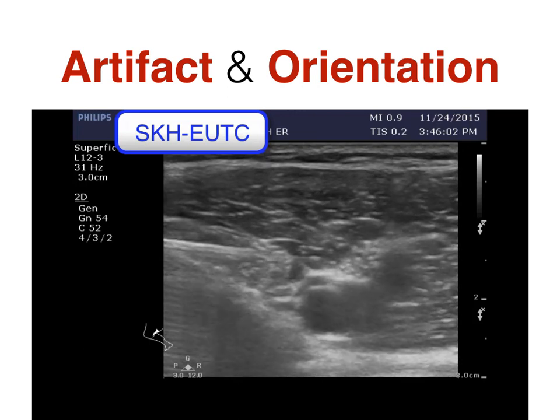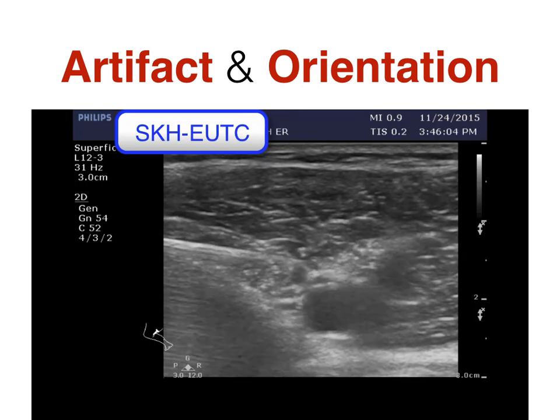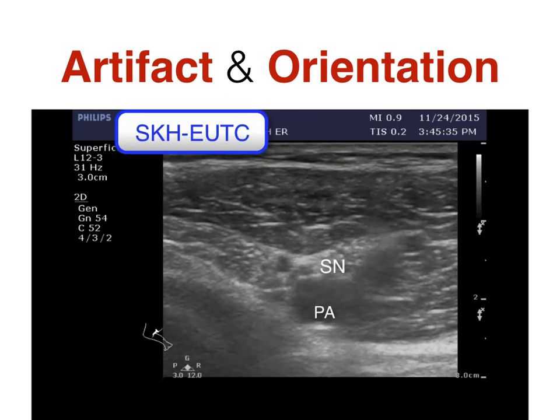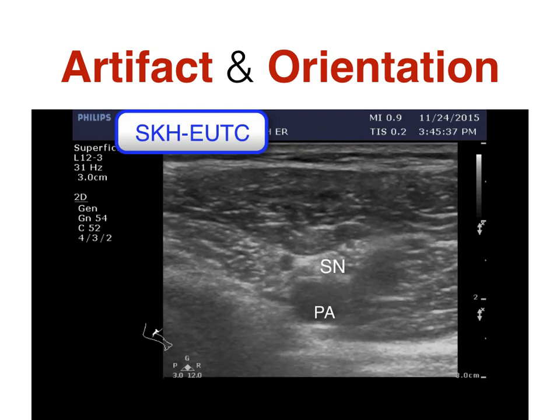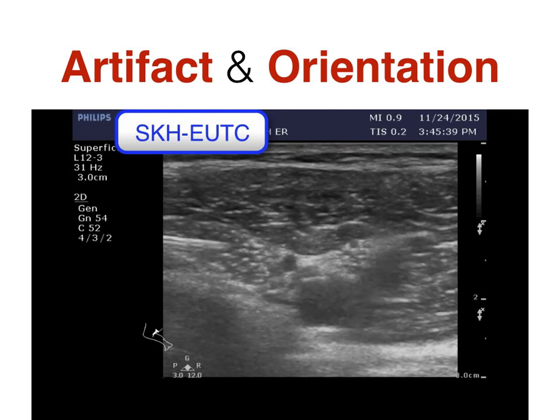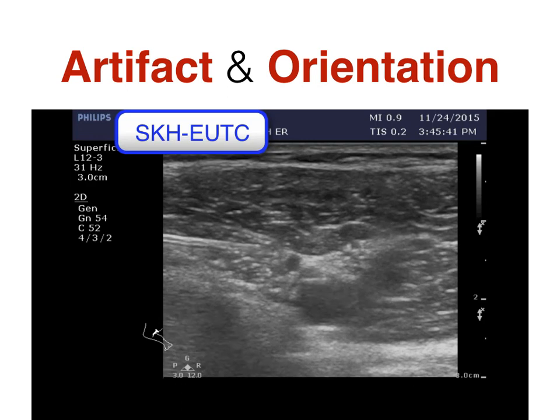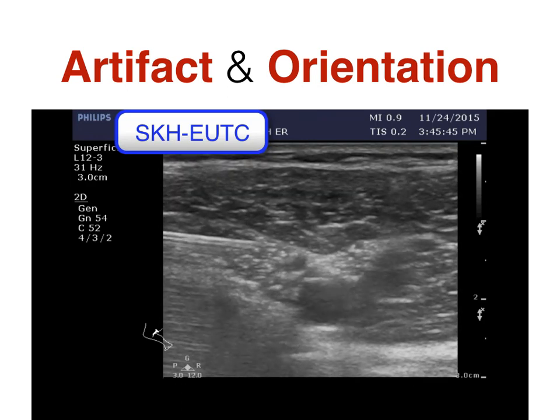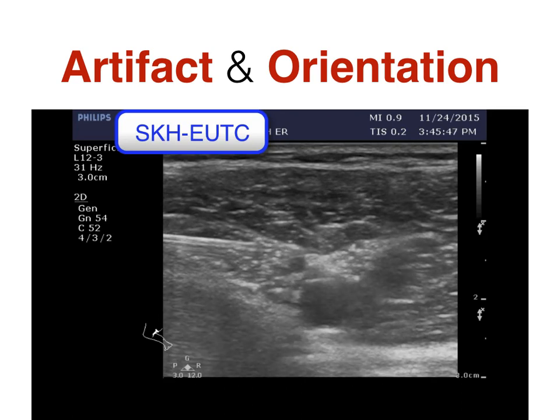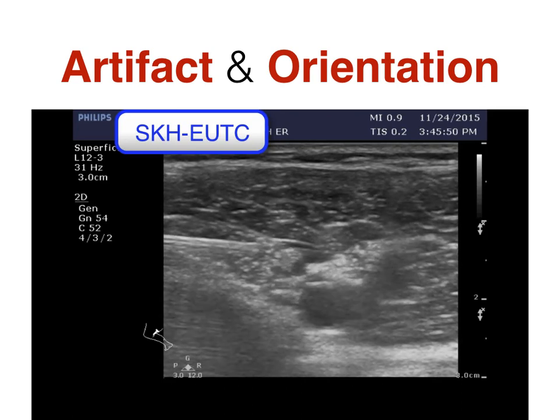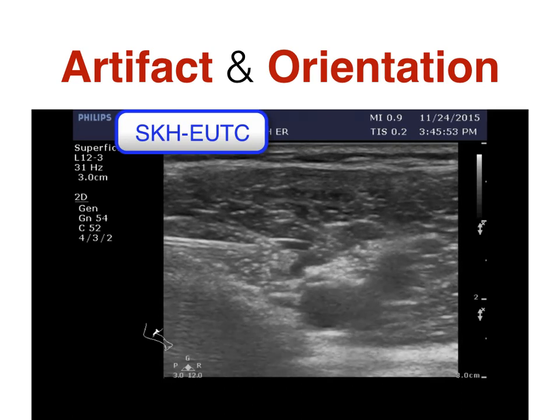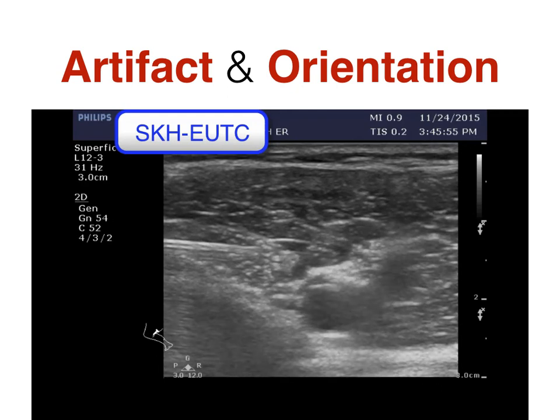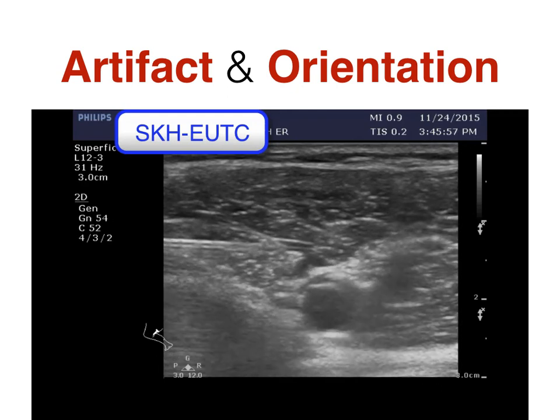The patient is lying supine, and this is the popliteal artery. This is the sciatic nerve. So we do the nerve block transversely, put the probe close to the nerve, and then inject lidocaine around the nerve to provide pain relief.